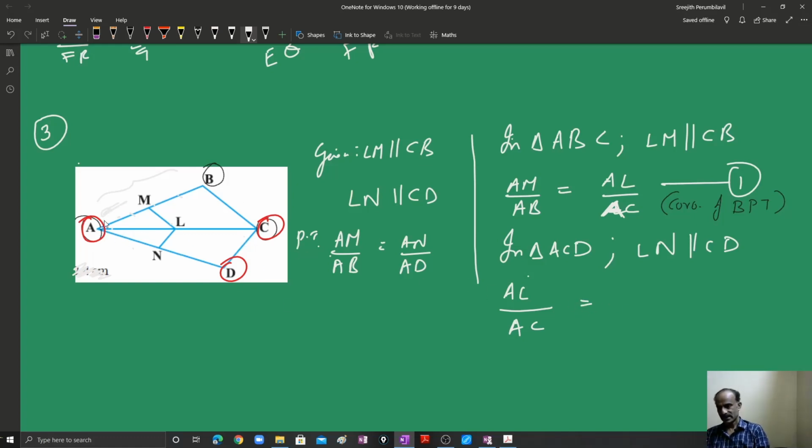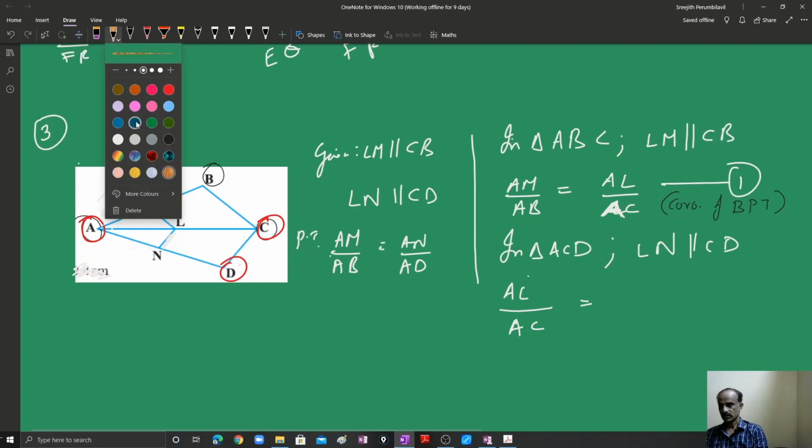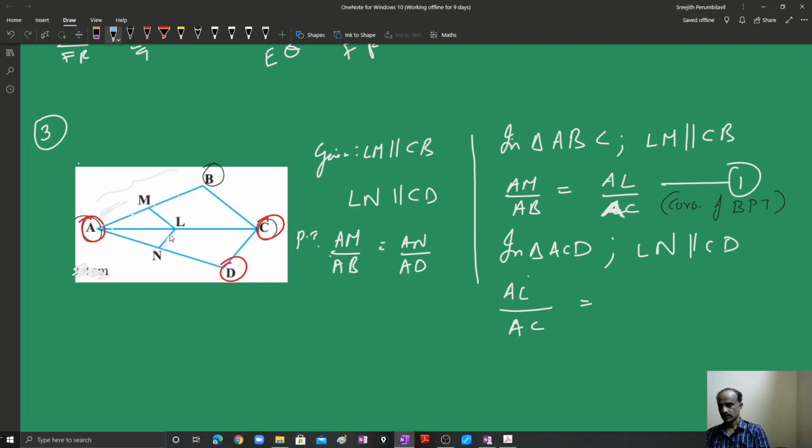Because in this triangle ACD, this is parallel to this part, okay. So what happens? AL by AC is same as AN by AD, relation number 2.